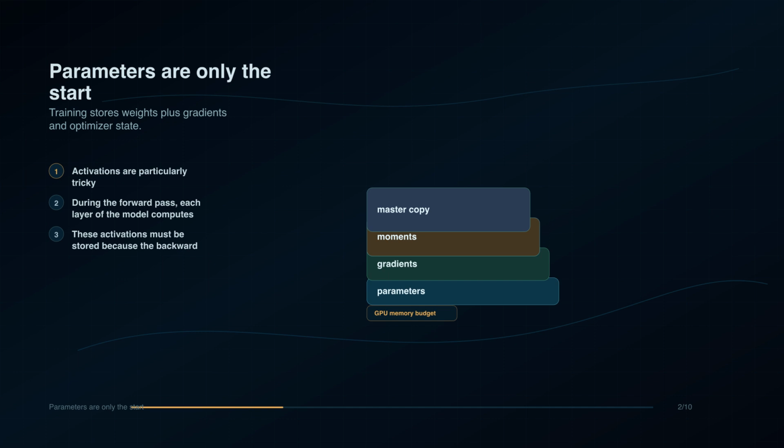The memory required for activations scales with batch size, sequence length, model width, and model depth. If you double the batch size, activation memory doubles. If you double the sequence length, activation memory doubles. For large models trained on long sequences with big batches, activation memory can exceed parameter memory by a wide margin.